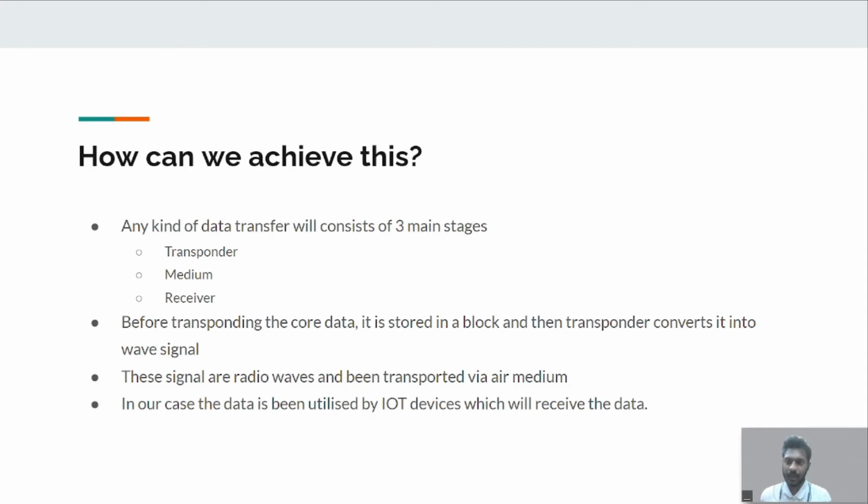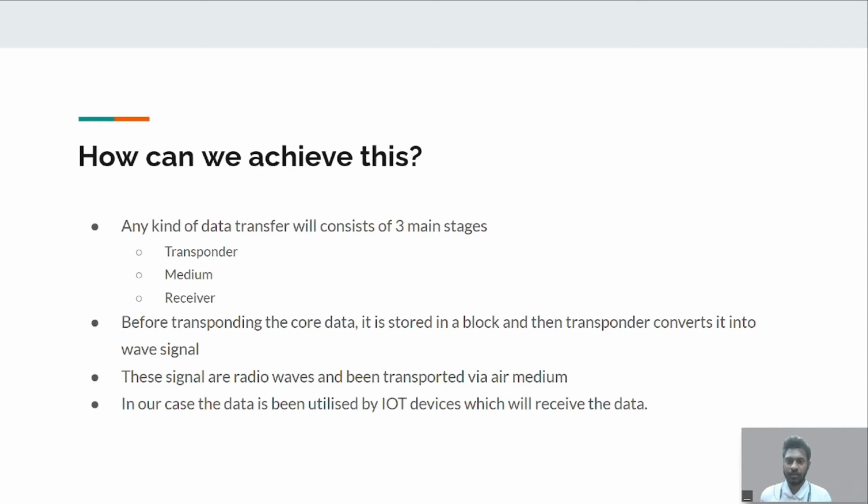So before the transponder transmits the wave signals, the data may be encrypted or encoded from one form to another. Then a medium is required, and for radio wave signals we use air as the medium, because air consists of molecules, and molecules do transfer energy.